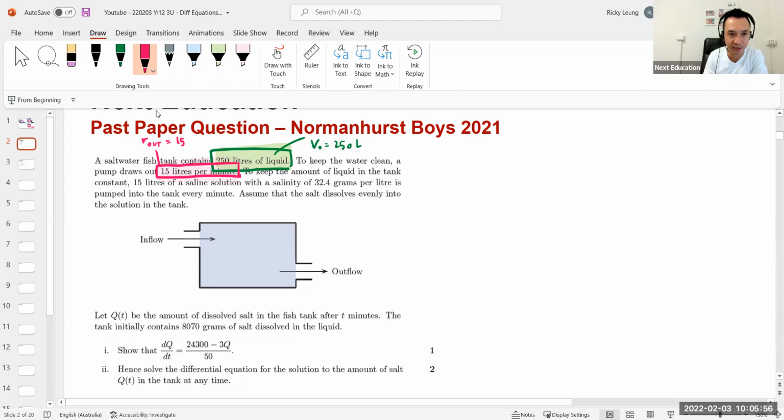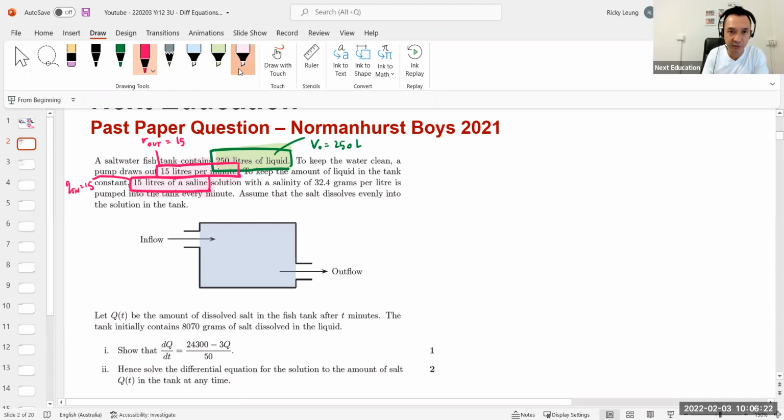What else do we have? To keep the amount of liquid in the tank constant, 15 liters of saline solution, where the salinity of that is given, is pumped in. Now, 2 things are given there. One, that tells you what the flow in is, so this is Q in, which is 15.